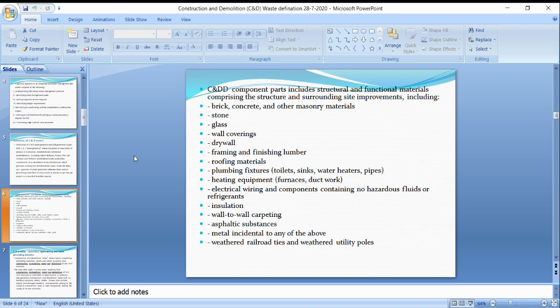If you want any heating equipment in the house, you generally provide a furnace. A furnace is for putting fire in your house. Then electrical wiring and component containers, hazardous fluids or refrigerators, installations, wall to wall carpeting, and also metals incidental to any of the above.